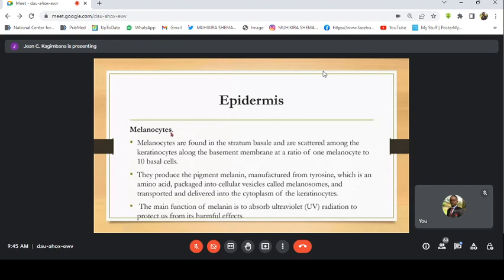Now, the second big role is played by melanocytes. I have said that we have 1 melanocyte for 7 keratinocytes.